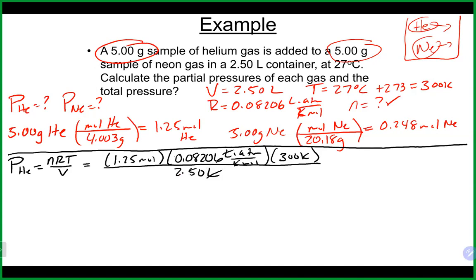Liters will cancel, moles will cancel, Kelvin will cancel. And that's going to give us a partial pressure for helium of, we'll call it, 12.3 atmospheres in this case.